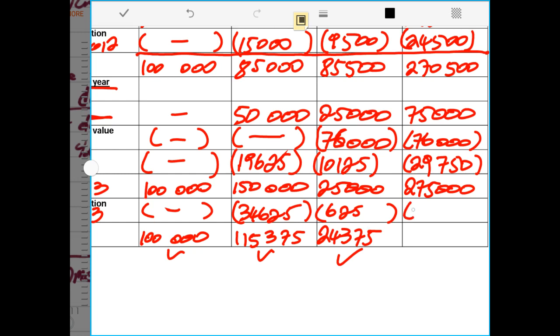We add 34,625 and 625. That gives us 35,250 rands. Then we add the last part. That will give us 239,750 rands. So now this is the total of the carrying amount. This is your carrying amount.